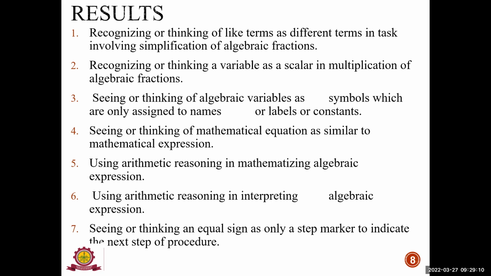These were recognizing or thinking of like terms as different terms in tasks involving simplification of algebraic fractions, recognizing or thinking of a variable as a scalar in multiplication of algebraic fractions, seeing or thinking of algebraic symbols as only assigned to names or labels or constants, seeing or thinking of a mathematical equation as similar to a mathematical expression, and using mathematical reasoning in mathematizing algebraic expressions. So these were the 7 that were identified.